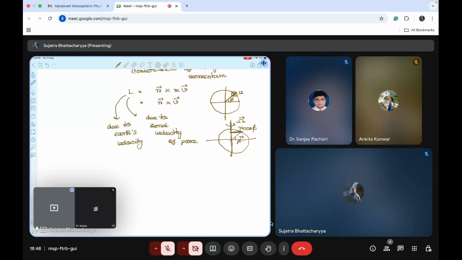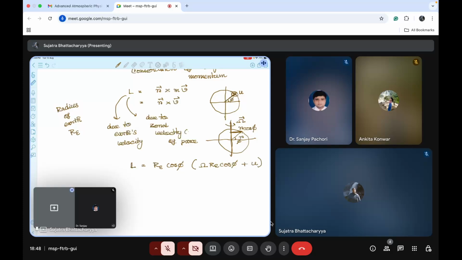So when we write the expression, just look at the expression and you will understand. So let us consider the radius of the Earth, let's say RE. So what we'll write is that RE cos phi, okay, into omega RE cos phi, right, plus u.